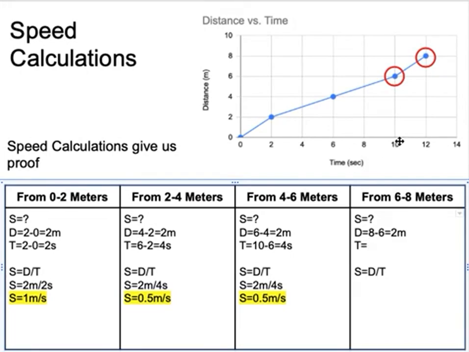Now I'm looking for time, so I'm going to do 12 minus 10 seconds, which equals 2 seconds. So now I'm going to plug in the numbers again and go s equals 2 meters divided by 2 seconds, because s equals d divided by t. And I get s equals 1 meter per second.